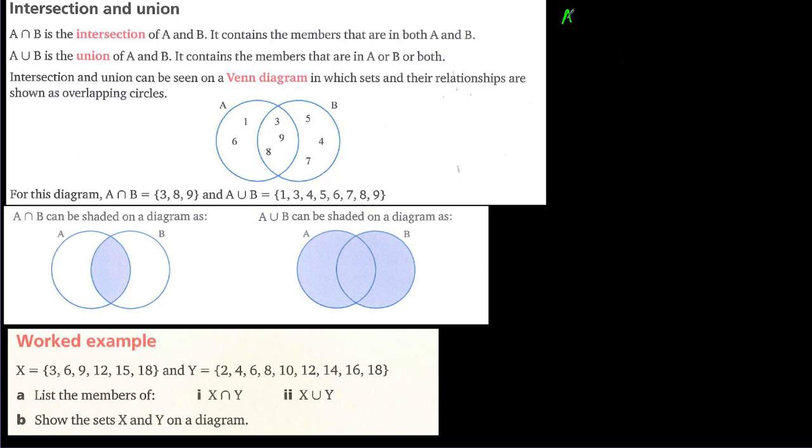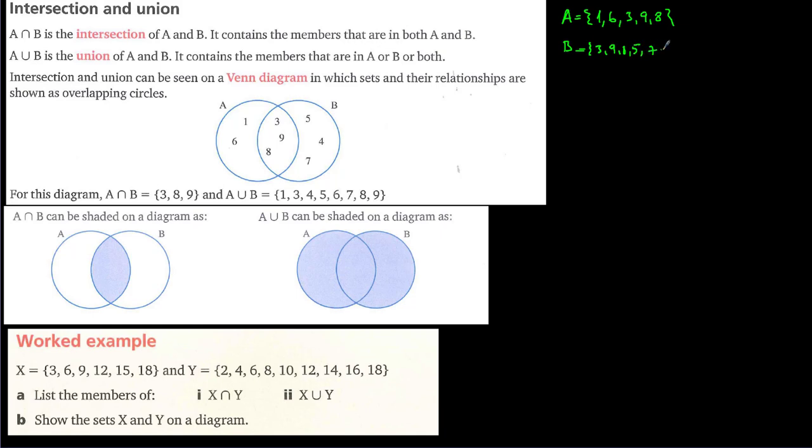If I write A, it's going to be 1, 6, but since this circle contains 3, 9, and 8, they are also in the set A. It is the same for B: 3, 9, and 8 are in the set.